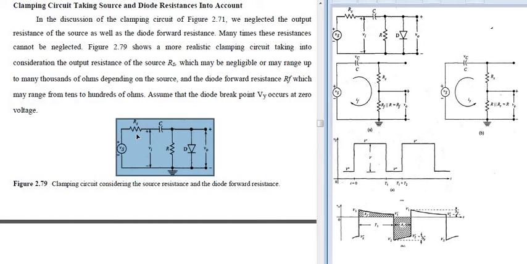It may be negligible, or we can select this source resistance in terms of thousands of ohms, whereas the resistance which we are using here at the diode, either forward resistance or the reverse resistance, will be dependent upon the diode as well as the diode direction, and this resistance will be only in hundreds of ohms. But when it comes to your source resistance, we are going to consider up to thousands of ohms. Either it may also be negligible, in case of any kind of application that you are going to use them.